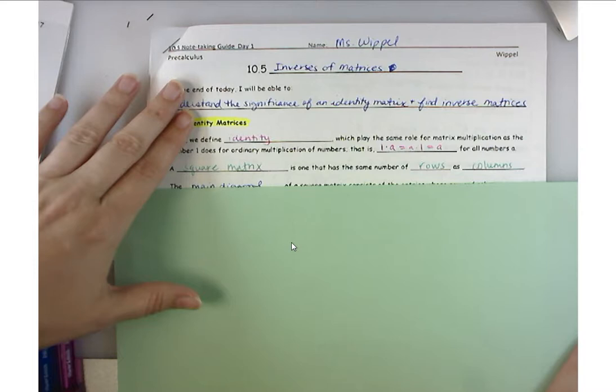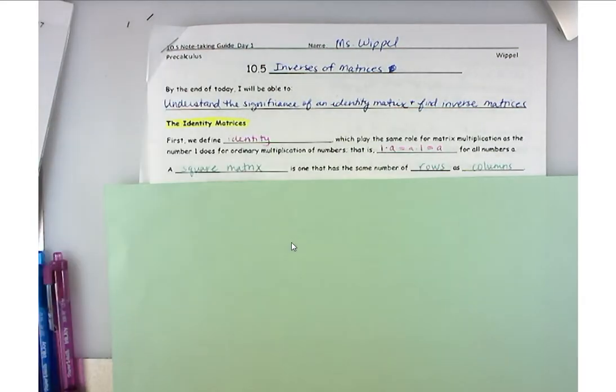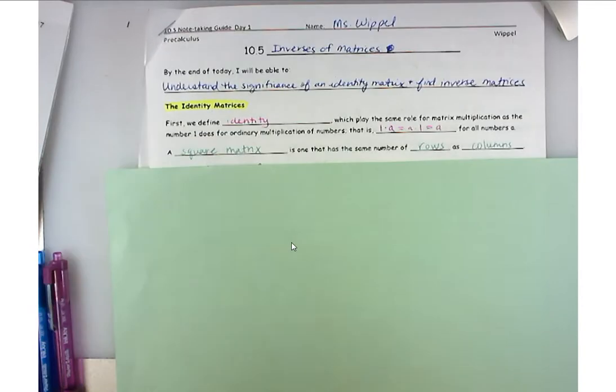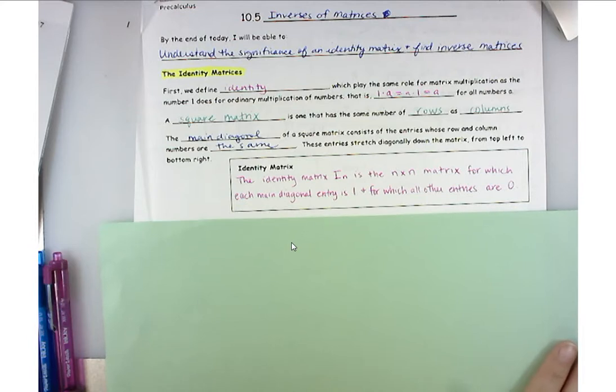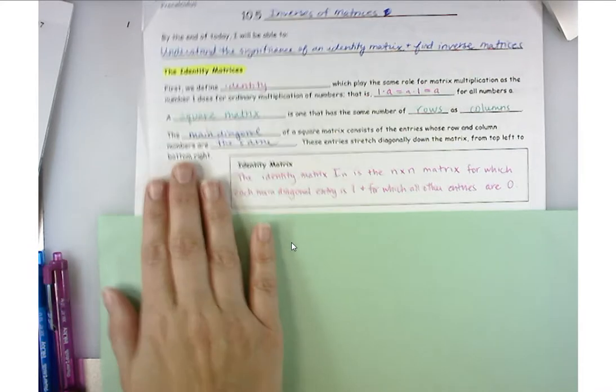So a square matrix is going to be important in what we're doing today. A square matrix is one that has the same number of rows as columns. And the main diagonal of the square matrix is going to have entries whose row and column numbers are the same. And the entries stretch diagonally down the matrix from the top left to the bottom right.